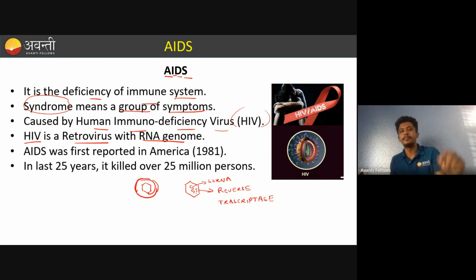So if we talk about the general aspects of HIV, AIDS was first reported in the USA in 1981. And when we talk about 2023, within this very short period of time, India is in the second highest position in the number of AIDS patients in the world.